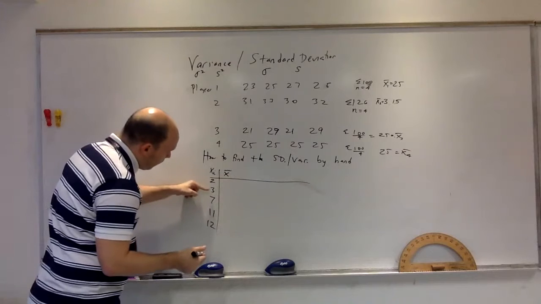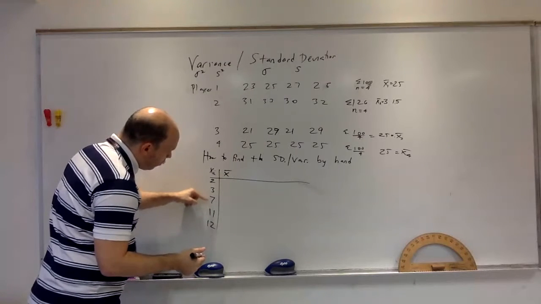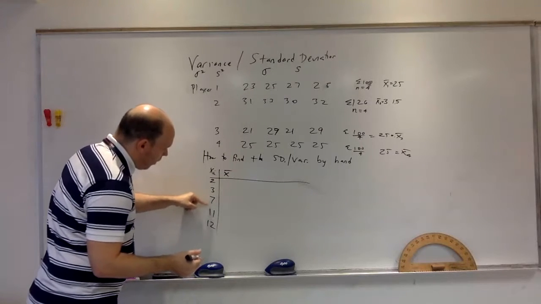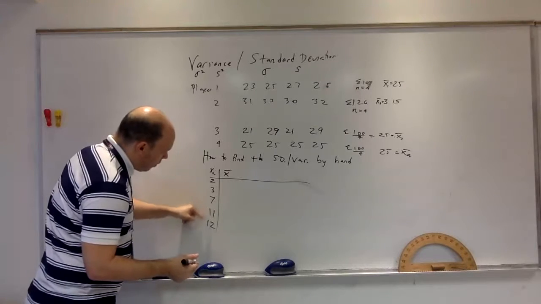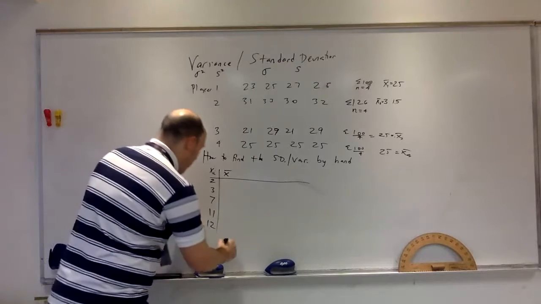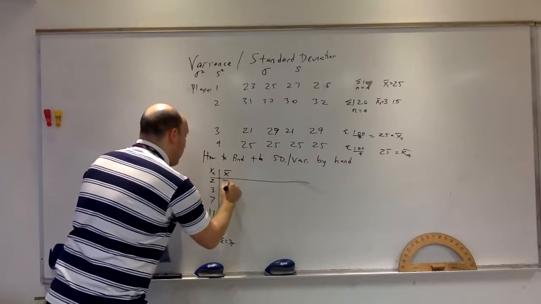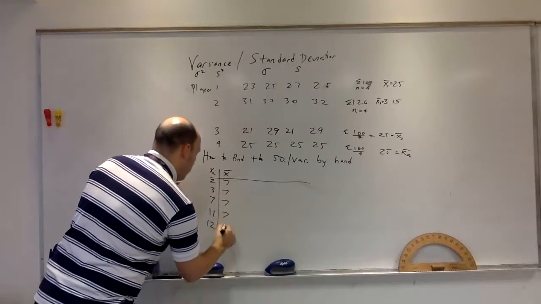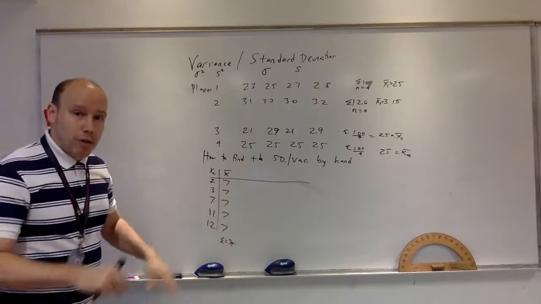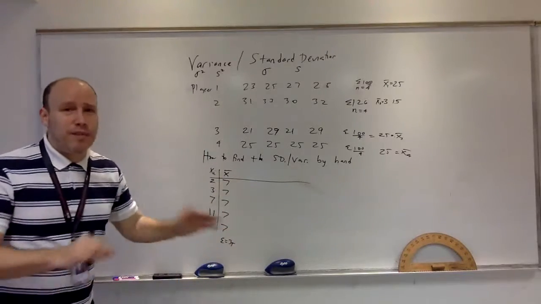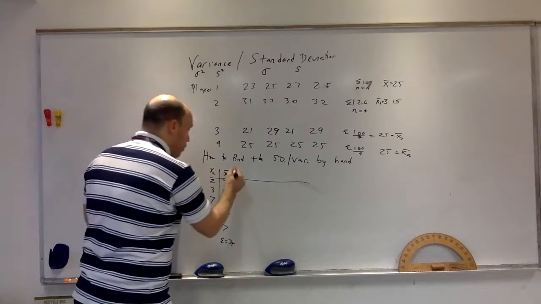So what is the mean? Let's see. We have 5, 12, 23, 35. So the sum is 35, therefore the average is 7. That's it. That's what the computer is doing with millions of pieces of information. Step 2, subtract.